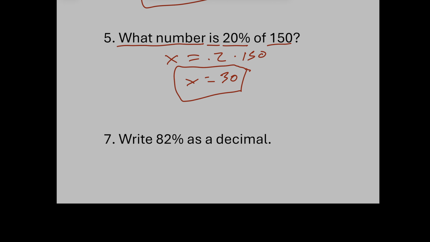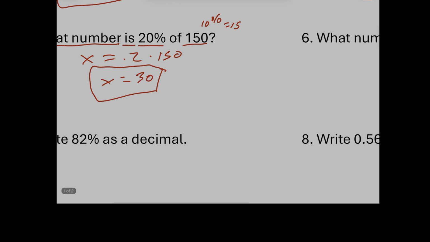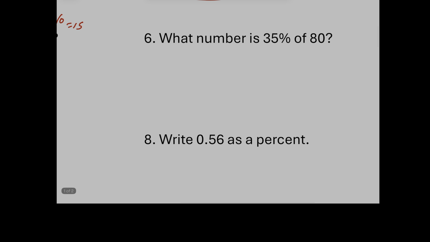I think that these problems were set up so you can actually do them without a calculator. What is 10% of 150? Do you know? It's 15. So if 10% is 15, 20% is just double that. What's double 15? 30. So there are ways you can do these without having to do the math, but I want you to learn the math.